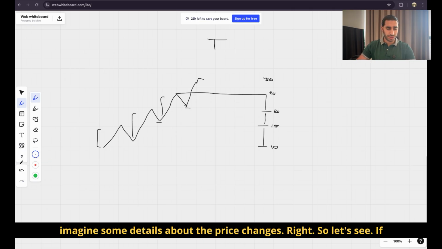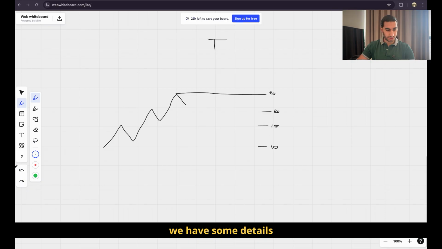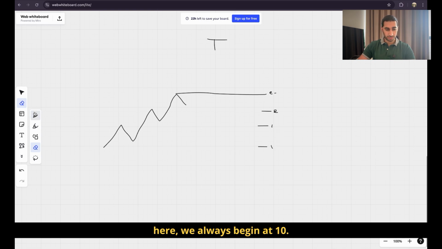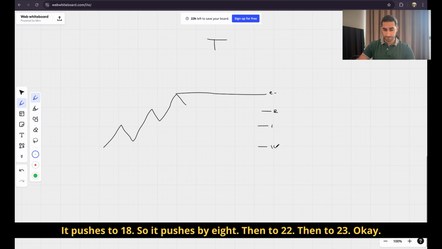Now, imagine some details about the price changes, right? So let's see. If we have some details changing about the price, what's happening then? Okay, so let's say here we always begin at 10.